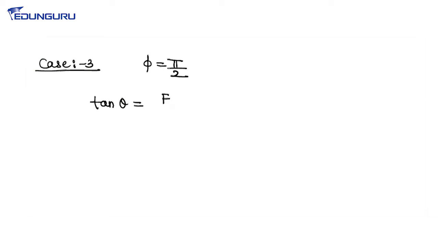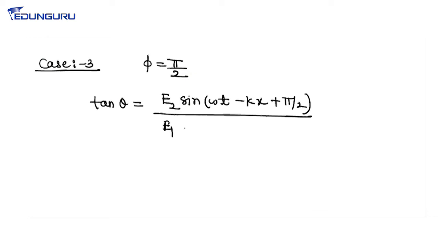Let's take case 3, where phi is equal to pi by 2. We have tan theta equal to E2 sine of omega t minus kx plus pi by 2 upon E1 sine of omega t minus kx.